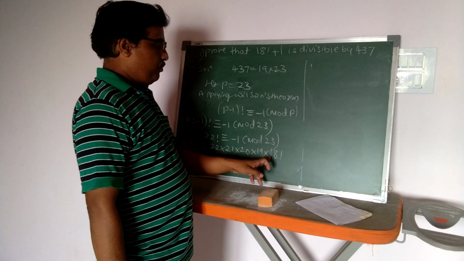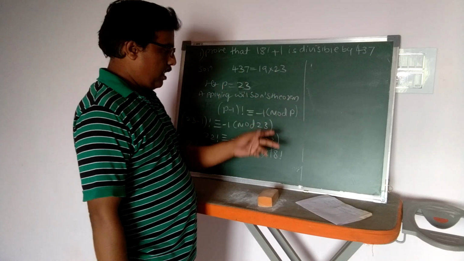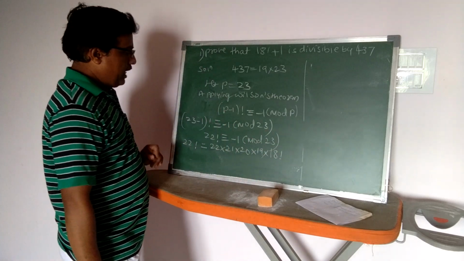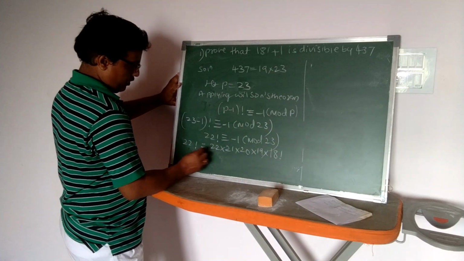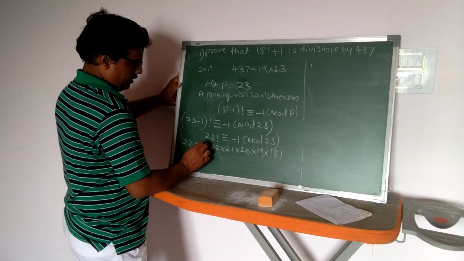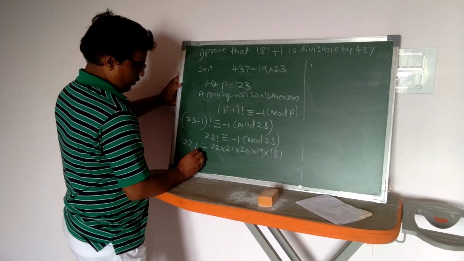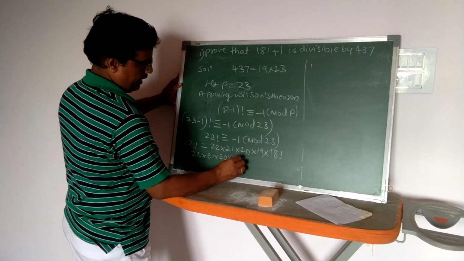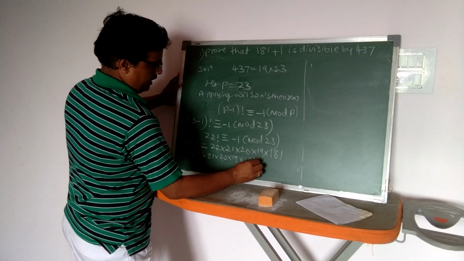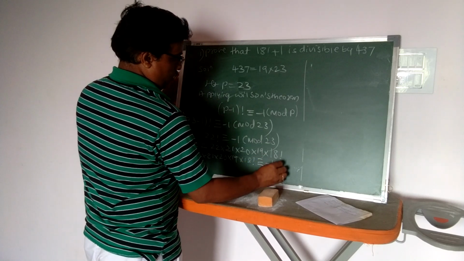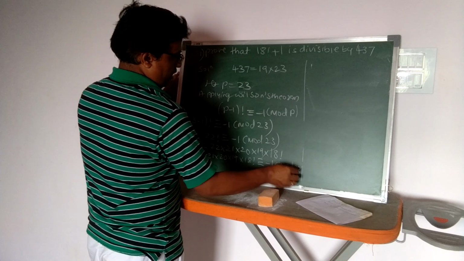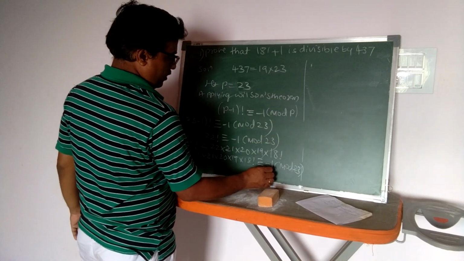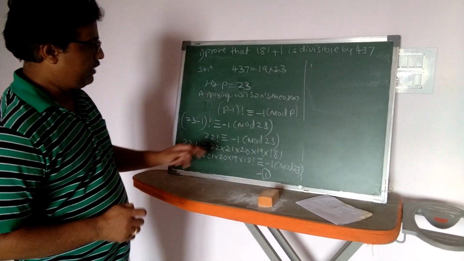So instead of writing 18 into 17 into 16 up to 1, we write that whole as 18 factorial. So then, substituting, this equation becomes 22 into 21 into 20 into 19 into 18 factorial is congruent to minus 1 mod 23. Call this equation 1.